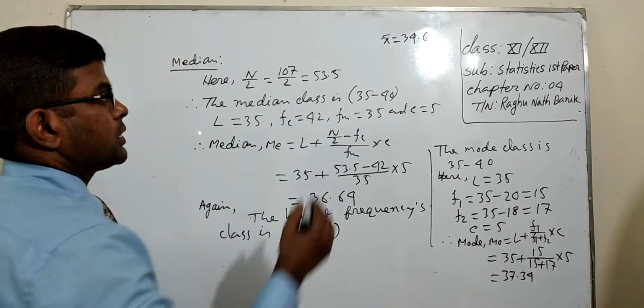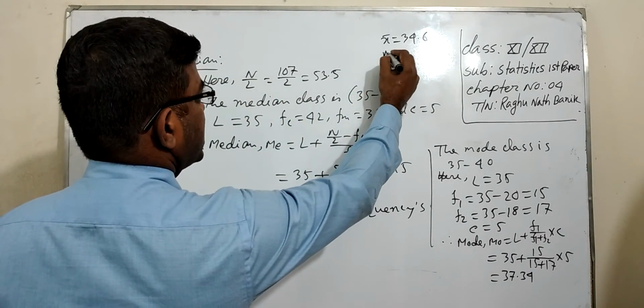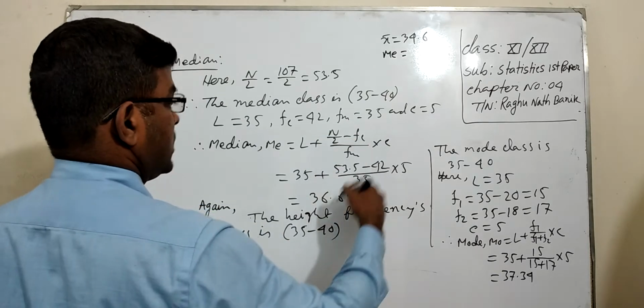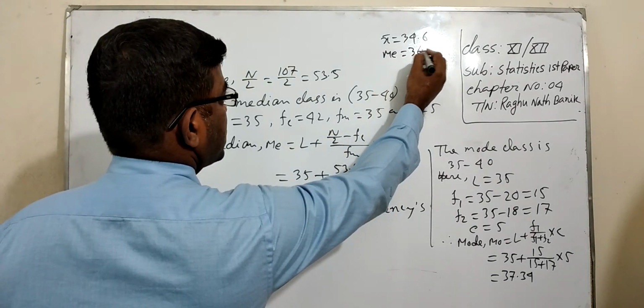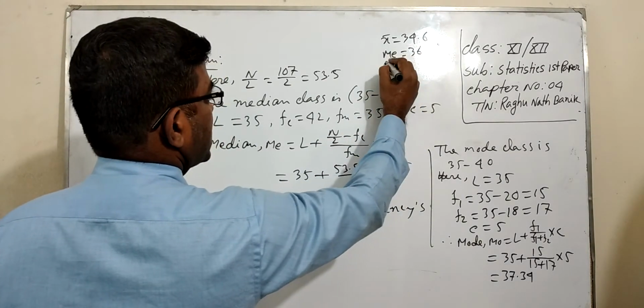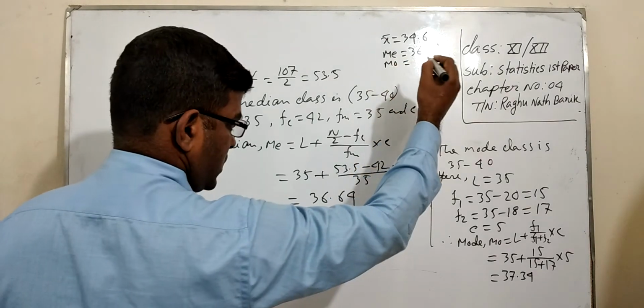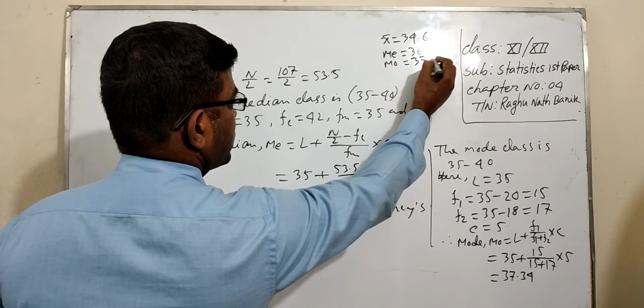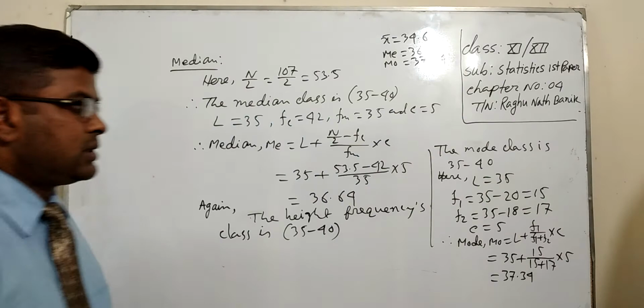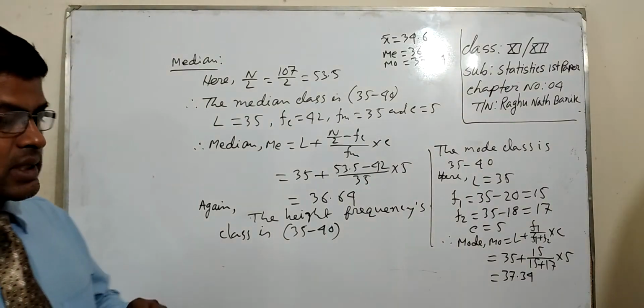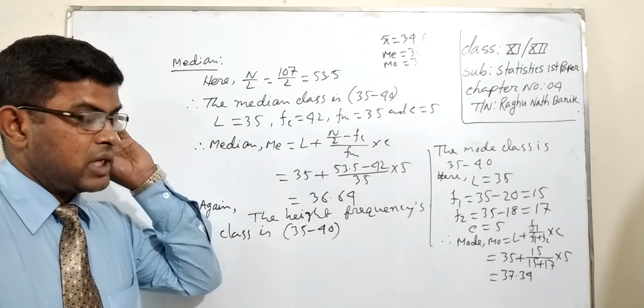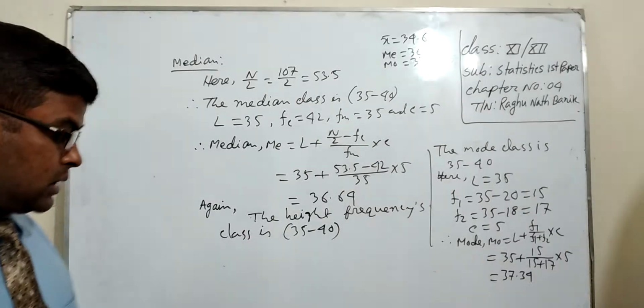The median is 36.64 and the mode is 37.34. Dear students, I hope that you have understood mean, median, and mode from the distribution.